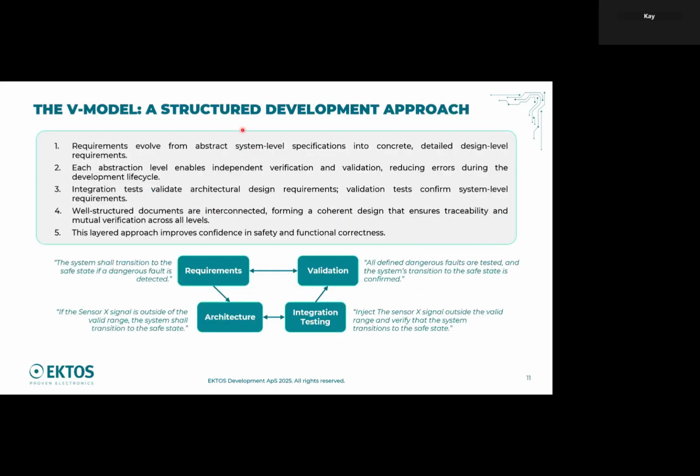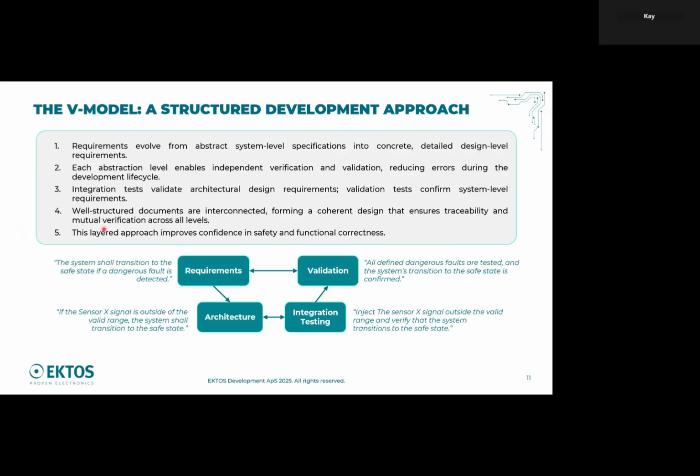Okay, when we start the requirement specification, we are considering our product like a black box, and here we need to define what the product should do instead of how. So on the requirements level, we need to concentrate on what we want to have in the product.